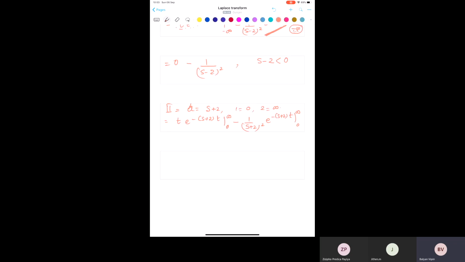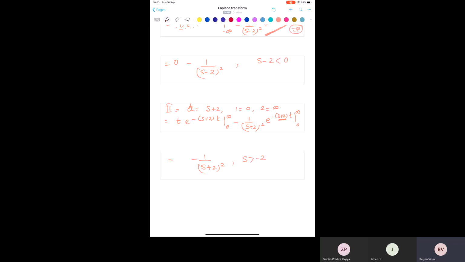Put the upper limits, and then you can see that for this one it's converging directly, that s plus 2 must be greater than 2. So you can say the answer is minus s plus 2 square is greater than minus 2.